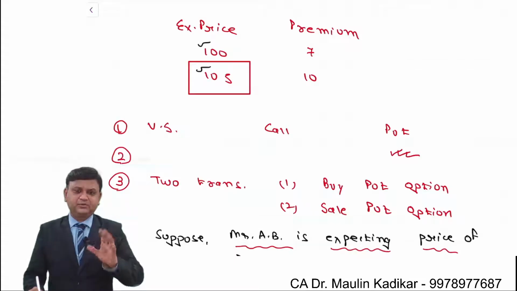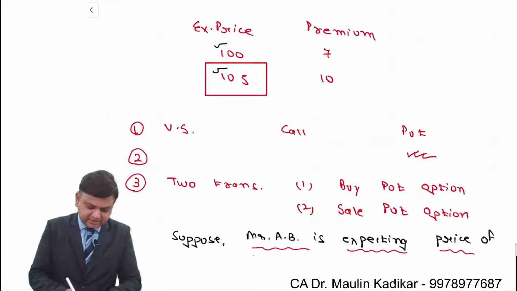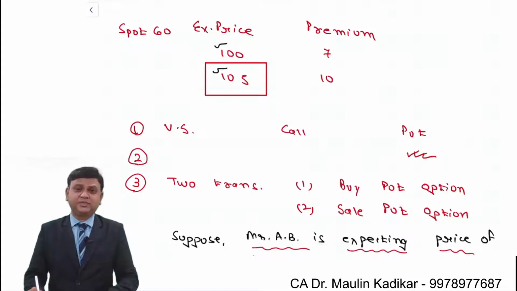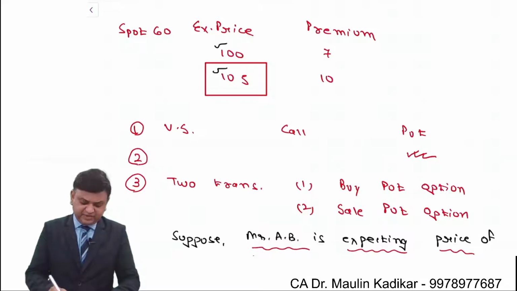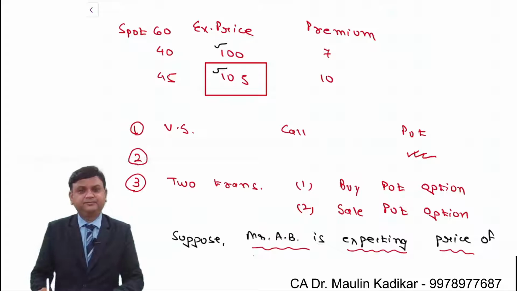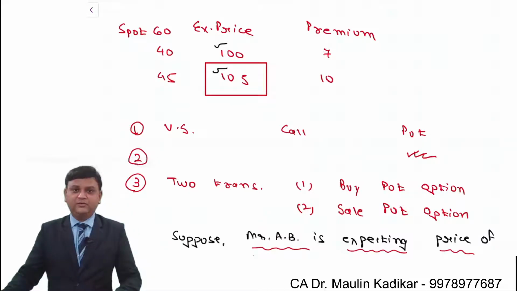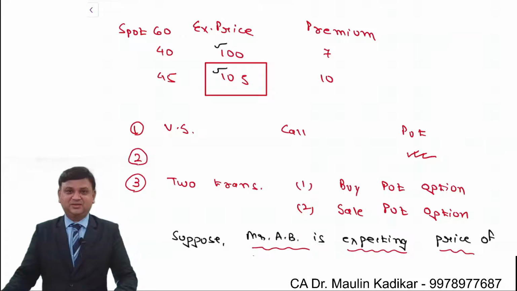For example, the spot price of the equity share is 60, the day on which the option is expiring. What will happen? Both options are worth exercising. However, we understand that the first option will give you the payoff of 40 and the second will give you the payoff of 45. So you will get more payoff if at all you purchase option having exercise price more.